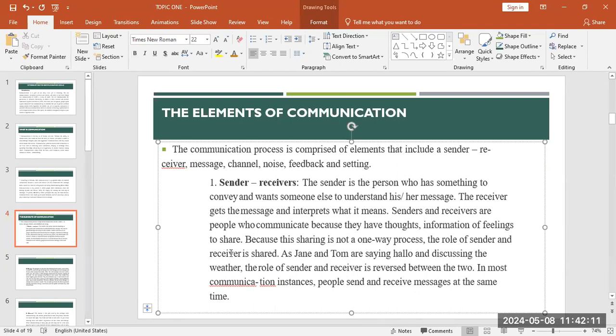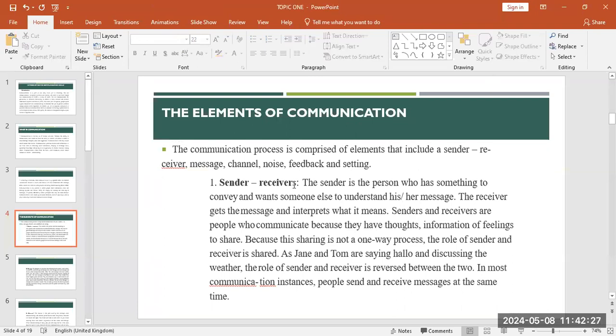The receiver is the person for whom the message is intended. So if a sender has a message, he sends it to the receiver. The receiver receives the message and replies to the sender. So the sender is an element of communication, and the receiver is an element of communication.